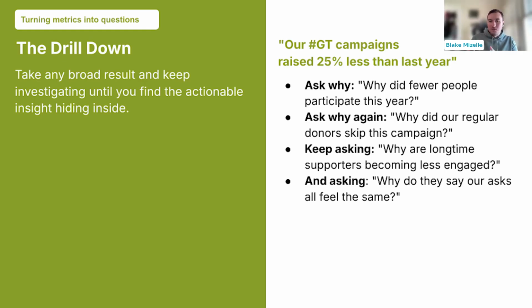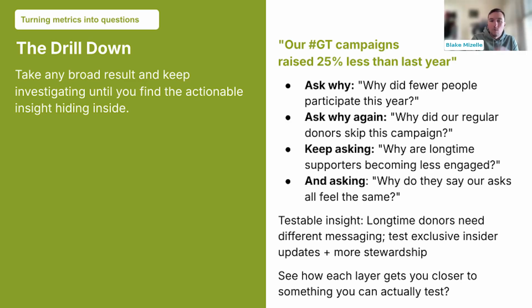And let's say to do that, we have to go out and ask some supporters, and then we start hearing back, well, why are they saying all of our asks feel the same? Is there something here that we should adjust or change? Already, from a very broad "Giving Tuesday didn't go the way we intended," we've boiled down to, okay, we have some things to test here, just from a little bit of anecdotal evidence and looking back through data.